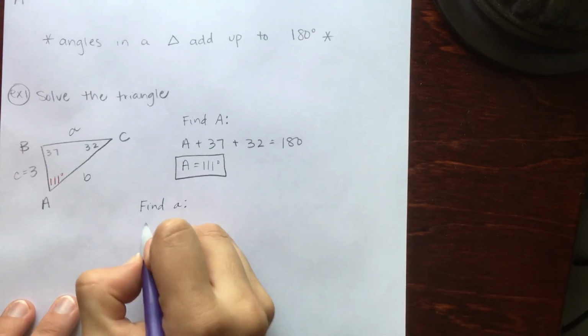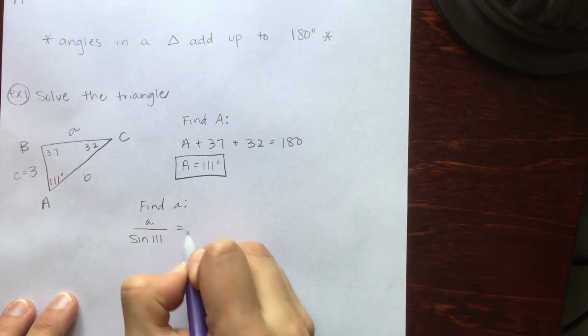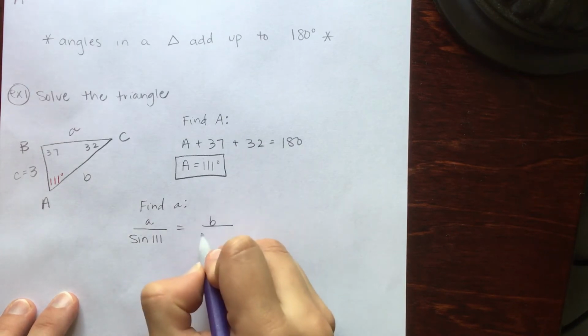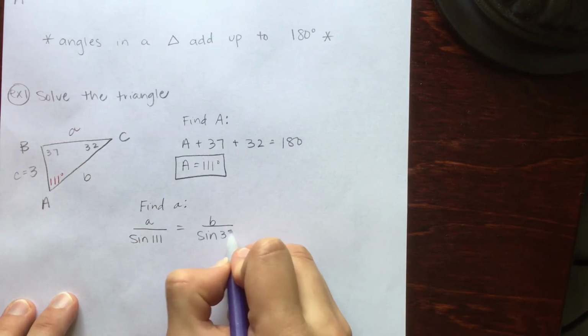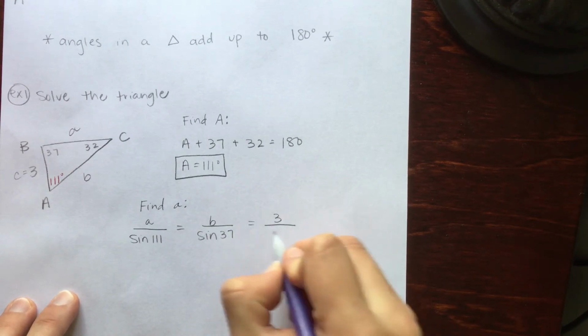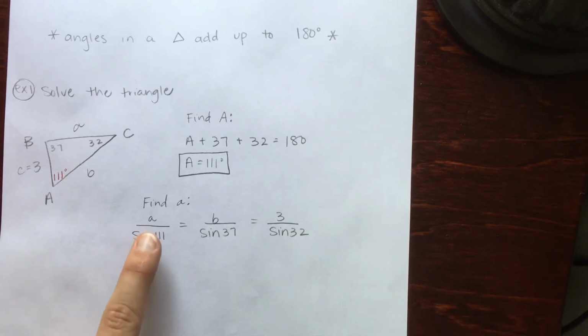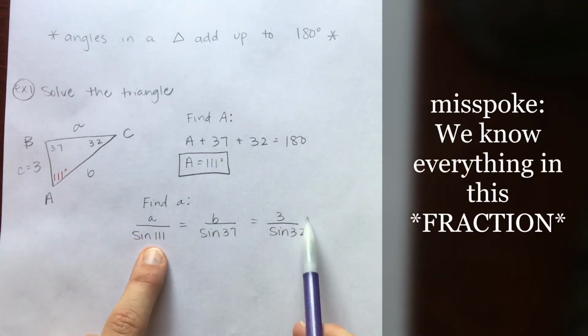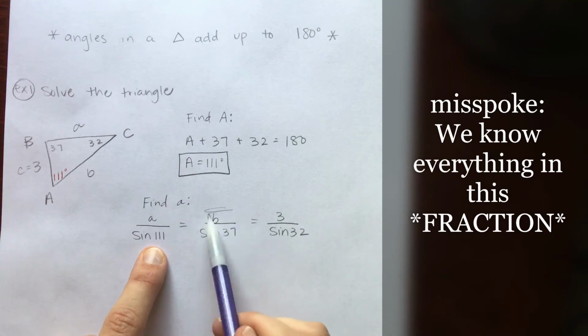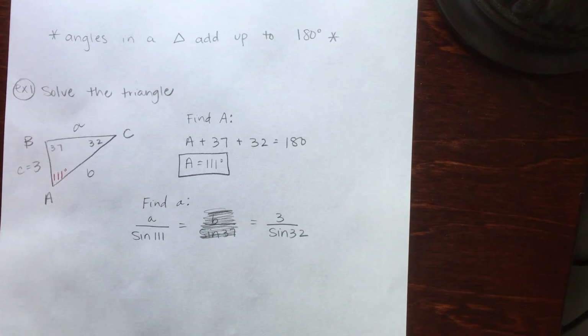So little a, we don't know, over sine of big A, sine of 111, equals little b, which we don't know, over sine of big B, which is 37 degrees, equals little c, which is 3, over sine of big C, which is 32. We're looking for A, and we know everything in this angle, so we're going to ignore B for a minute. I'm just going to use these two fractions here and cross multiply them to solve for A.